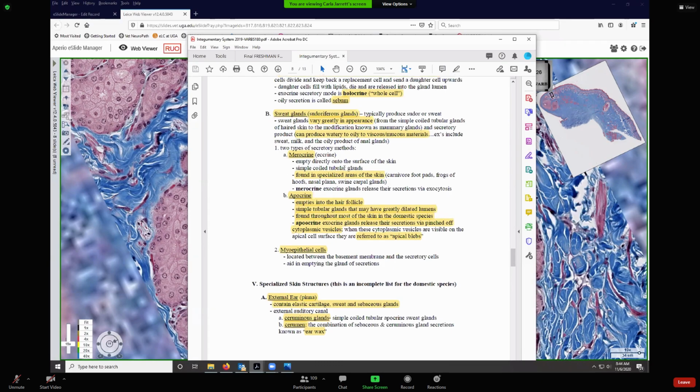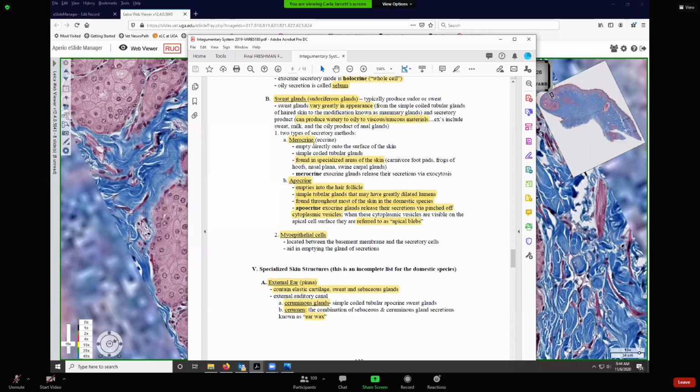There are two types of secretory methods, the merocrine and apocrine. We won't really see the merocrine types in a slide today, because our slides are associated with haired skin. So that's the apocrine mode of secretion. Merocrine is another one of those modes of exocrine secretion that you need to know about.